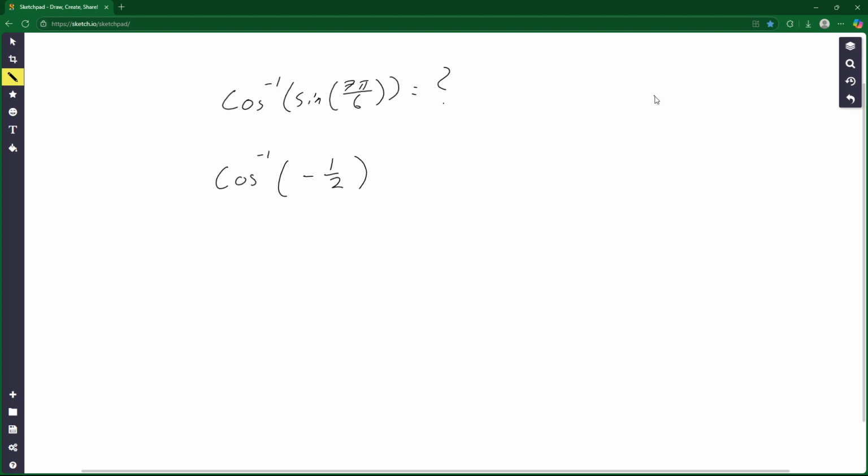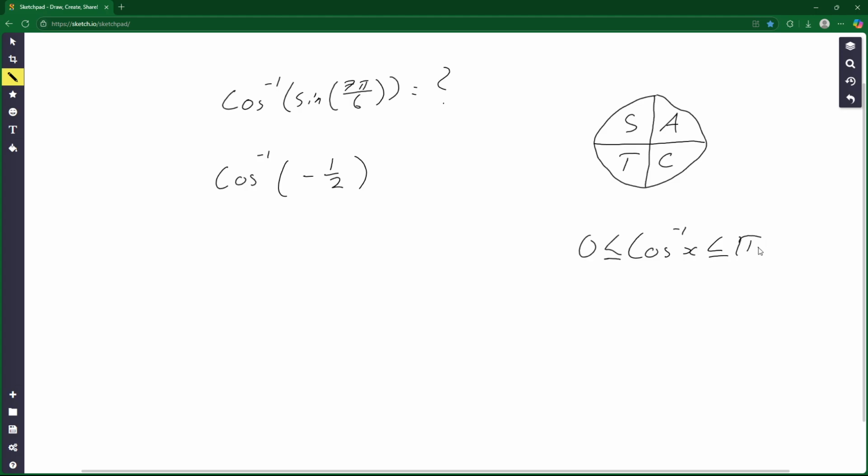Well, again, if we look at our unit circle, C, A, S, T, and if you remember, our range for the inverse of cosine is going to be from 0 to pi.